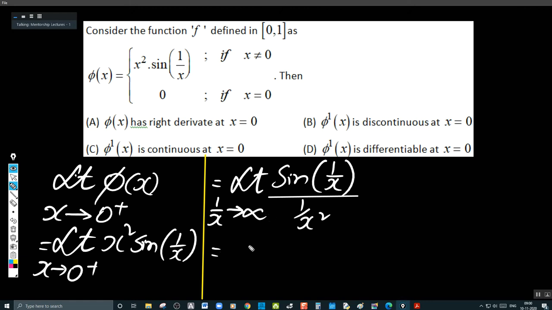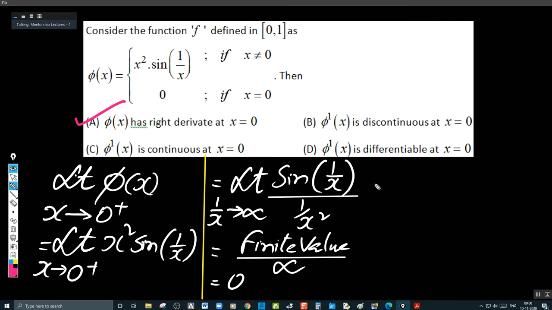So that is equal to some finite value, an oscillating graph. Finite value divided by infinity is nothing but 0. So the first option is correct.